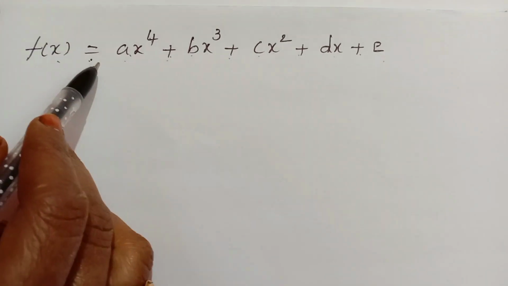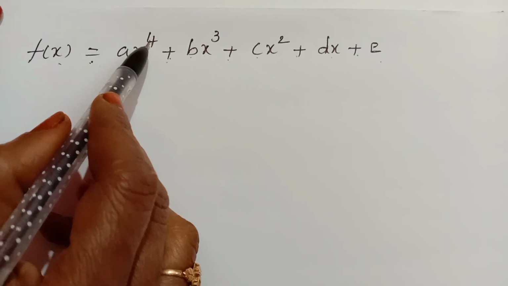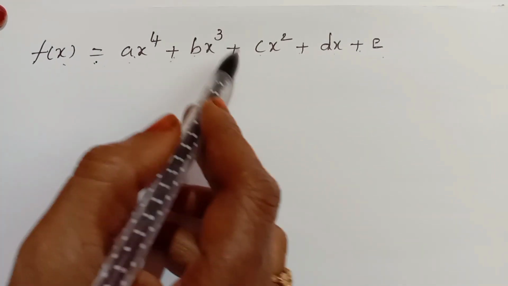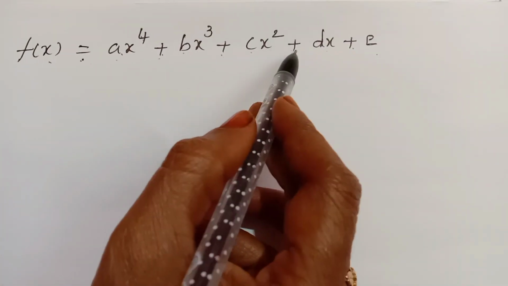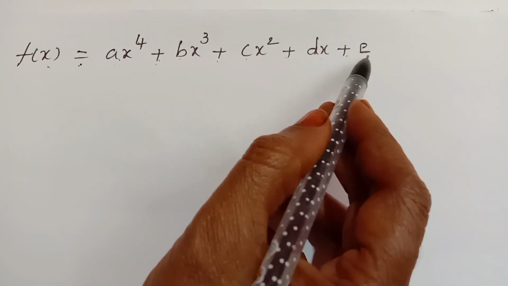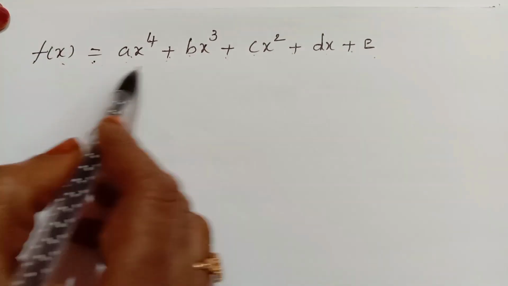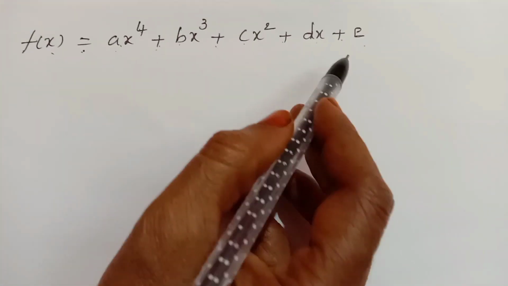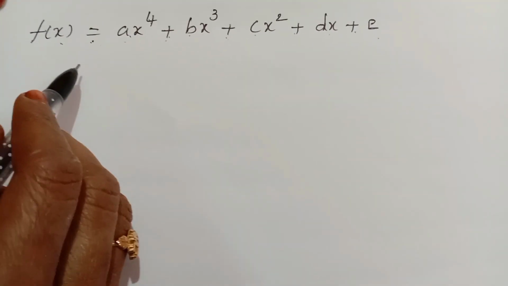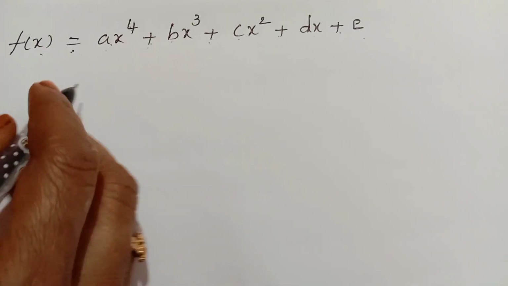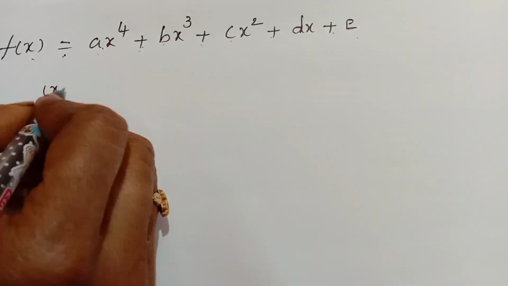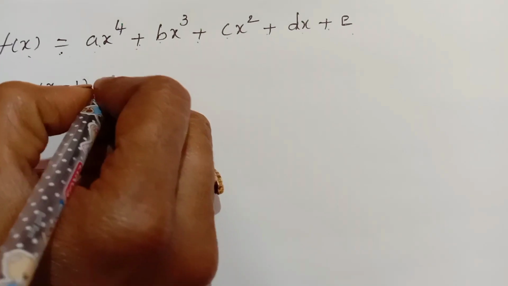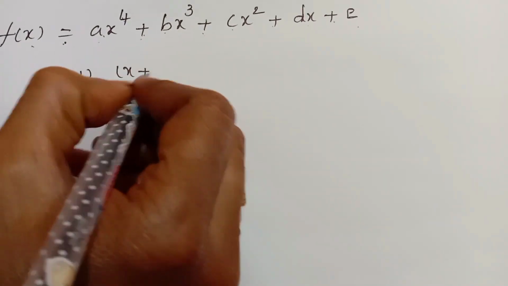f of x is equal to a x to the power of 4 plus b x cube plus c x square plus d x plus e. This is the general form of a biquadratic polynomial. This polynomial can have two factors, x minus 1 and x plus 1.